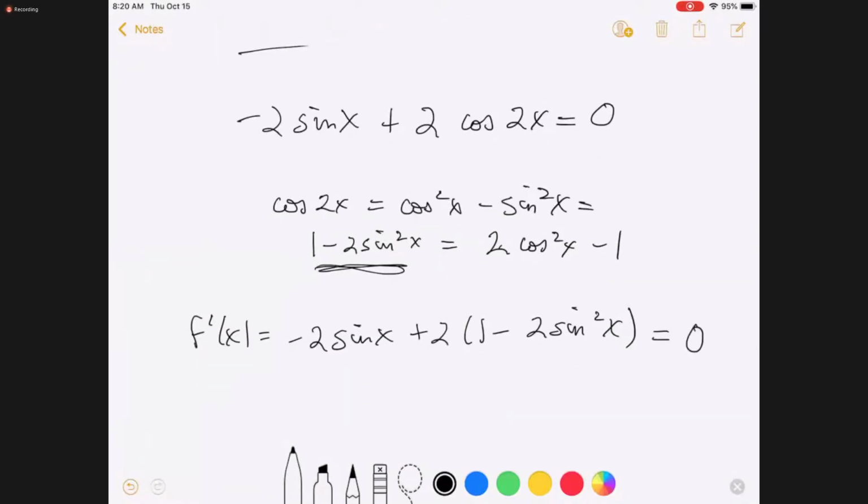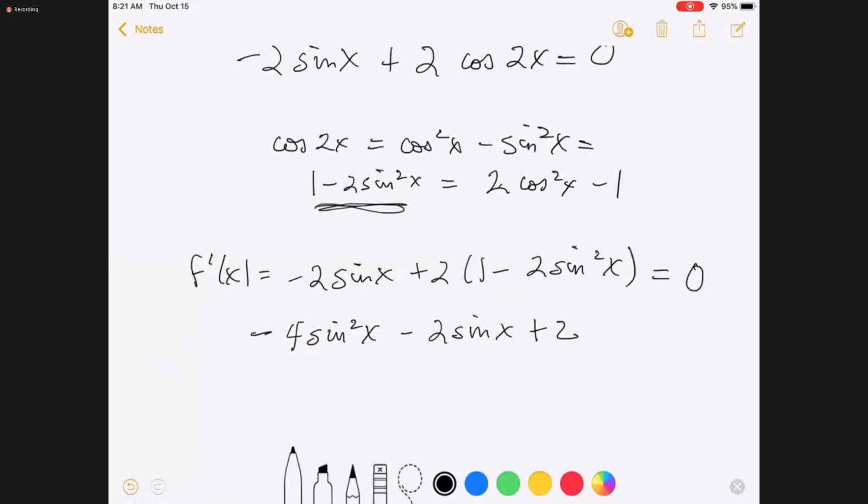And I want to find when that's 0. I'm going to write the squared term first. Minus 2 sine squared. No, minus 4, right? 2 times minus 2. And then minus 2 sine x and plus 2. That's equal to 0.